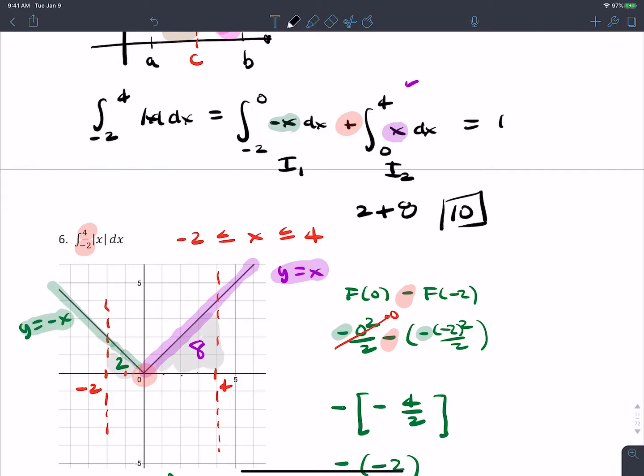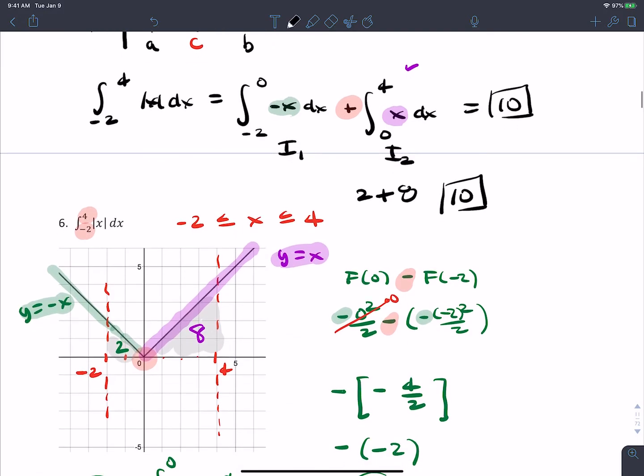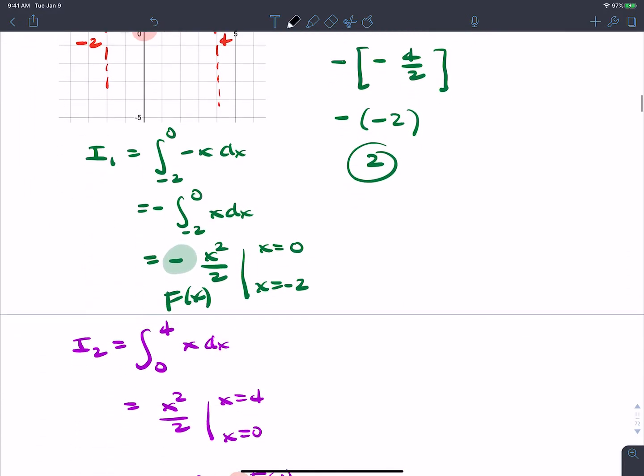So this equals 10, ladies and gentlemen. This is how you handle every absolute value function. You have to handle it by the piecewise definition. There's no rule for integrating absolute value. I want to show you guys these fundamentals, what you're doing.